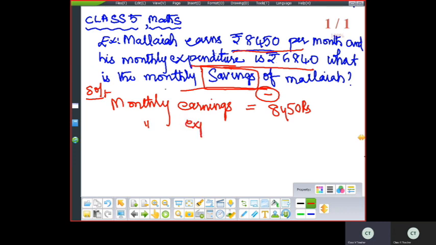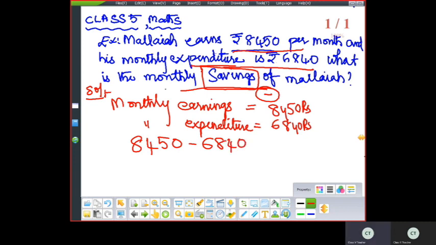Monthly expenditure is equal to 6,840, also rupees. Now savings. Savings means we have to do the subtraction part: bigger number minus small number. So this is the savings. Savings of Malaya is equal to whatever answer you get, you will write down.